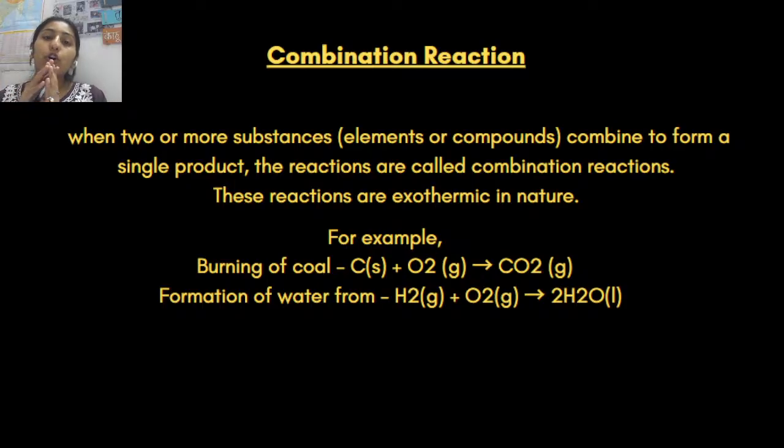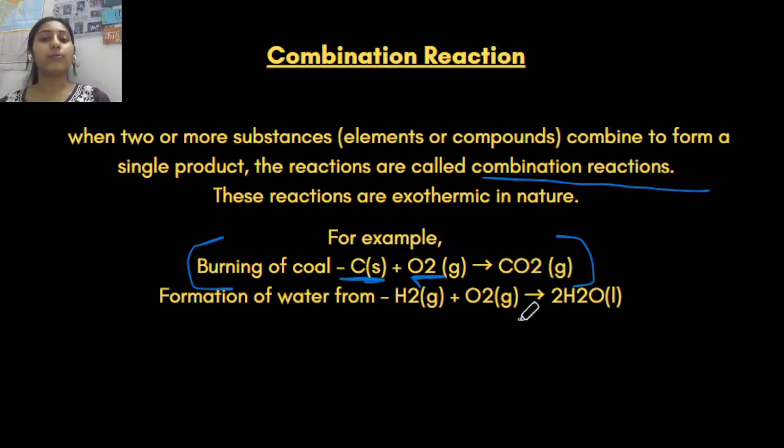When two or more substances combine to form a single product, that particular reaction would be regarded as a combination reaction, right? So when we are burning a particular fuel, either coal or wood, the carbon plus oxygen would react. Carbon is present in wood or in coal.